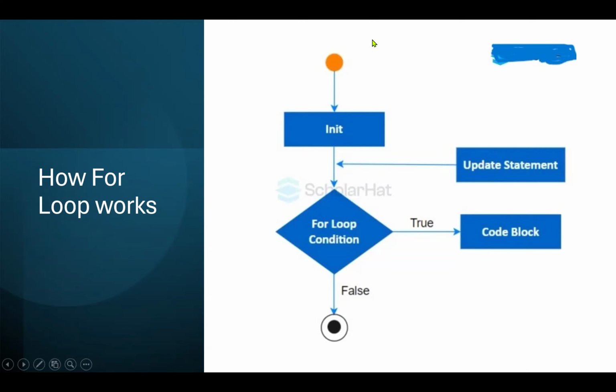You can see it enters with the initialization statement, and it goes into the for loop condition. If it's true, the code is repeated, and when you update it by your increment, it keeps going through the loop, and then when it finalizes the number of increments that you have put for it to do, it exits the loop.